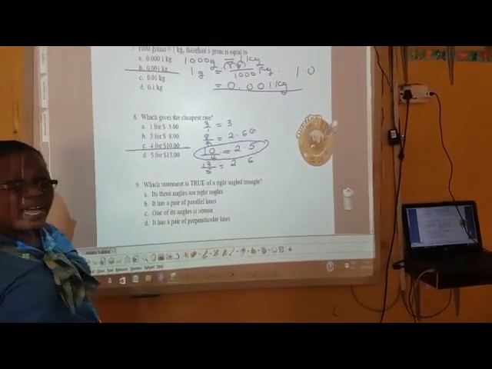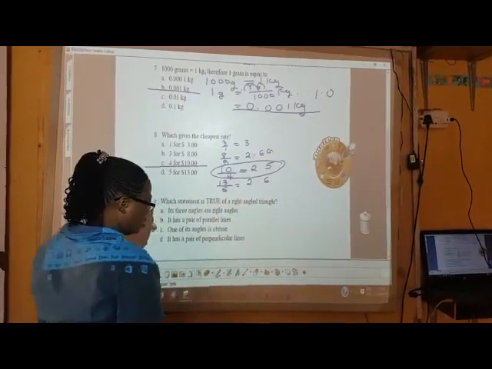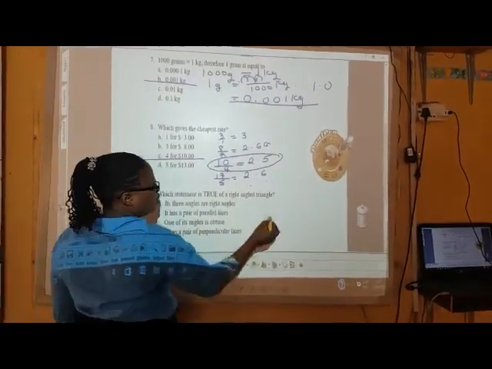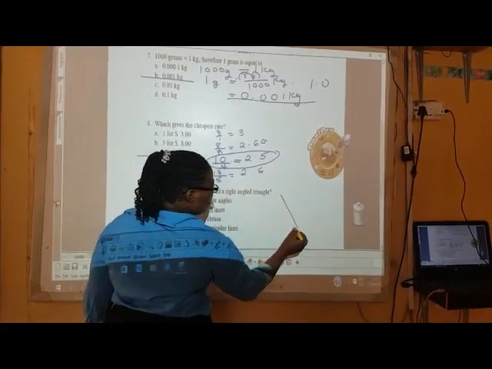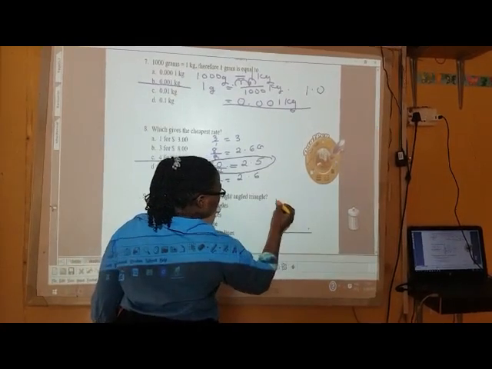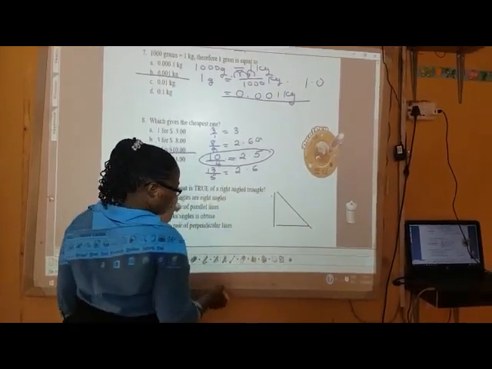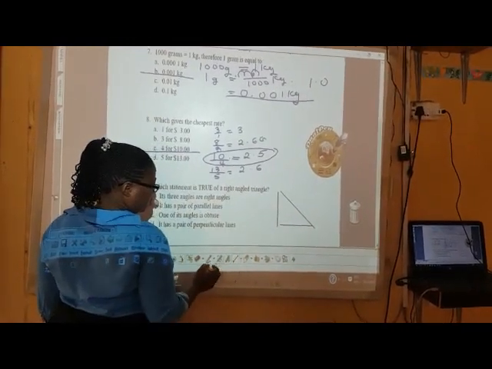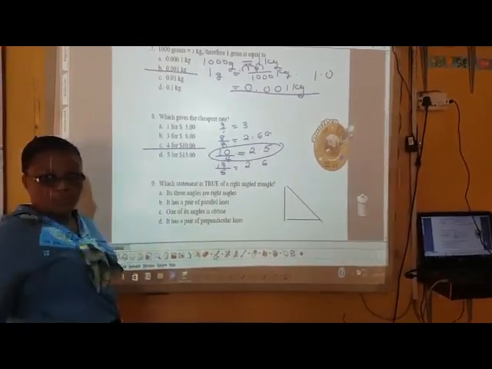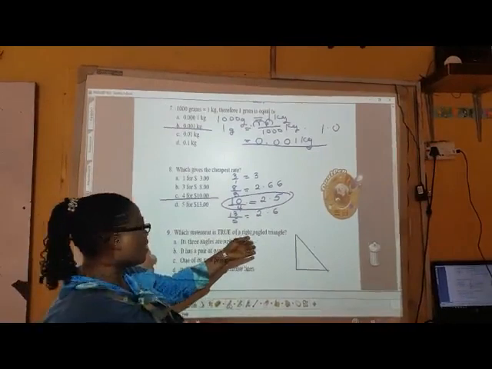Then, question 9. Which statement is true of a right-angled triangle? Let's draw a right-angle triangle to know the true statement.